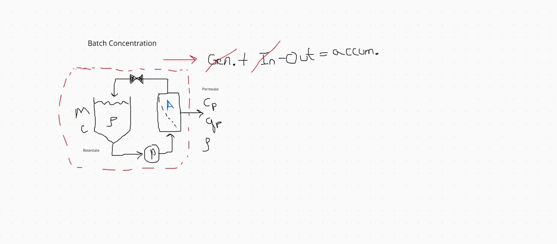Okay, so now I guess we can get to writing out the actual expression. Actually, let me take a step back. The first thing we're going to do is write a mass balance for the total mass in the system as a whole. So I can write total mass.